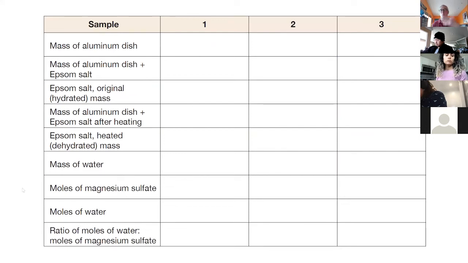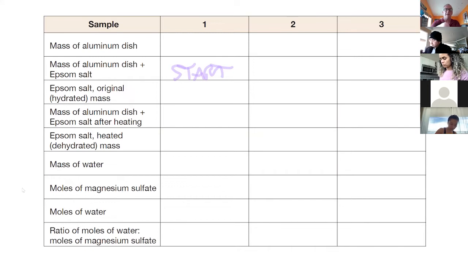Each dish should weigh approximately the same. I can't remember exactly what the mass is. I think it's around 3 to 5 grams, something like that, maybe 7. So this will be your starting material. And then the difference will be the hydrate. So just the dish, the mass of your dish plus the starting material, the difference is the hydrate.